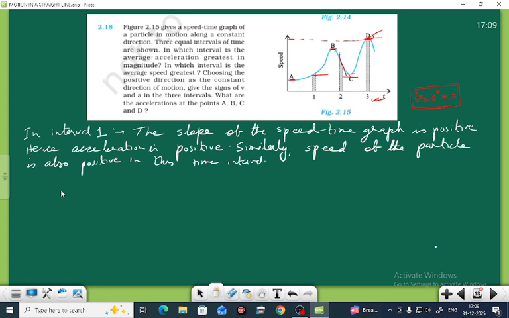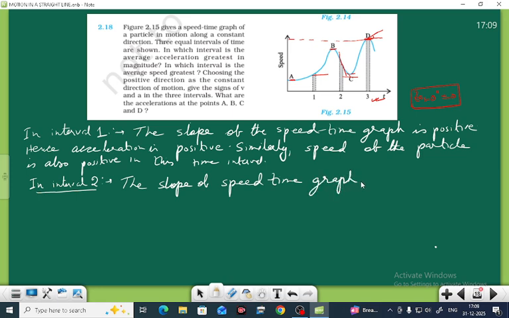In interval 2, the slope of the speed time graph is negative. Hence acceleration is negative.